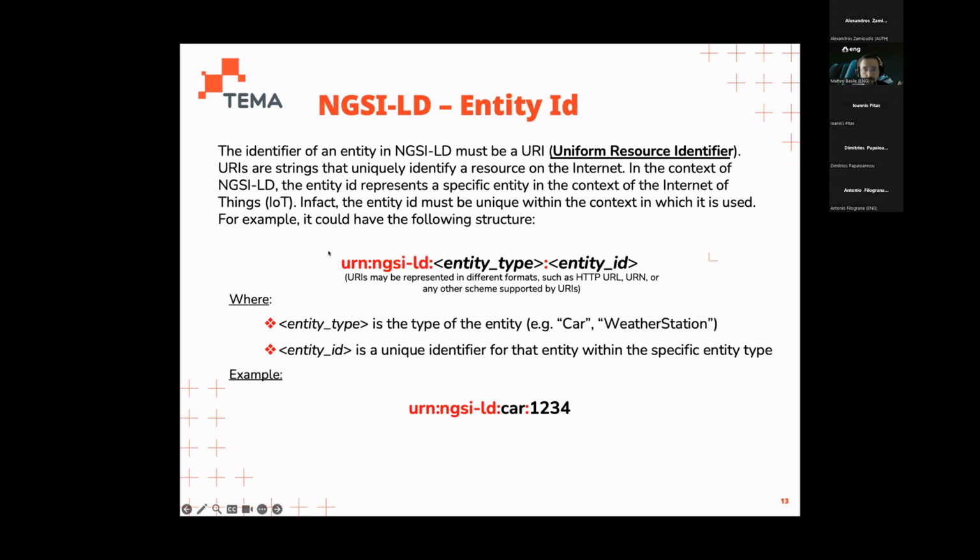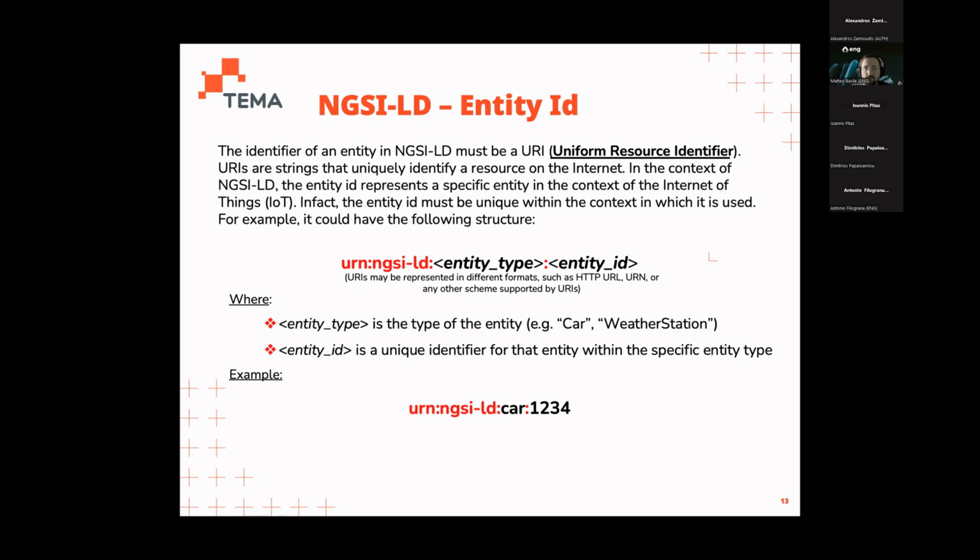You see, this is the URN of the entity, the ID of the entity. And we have the entity type. In this example is car, and the entity ID could be a number that uniquely identifies a specific car. So this is the ID.